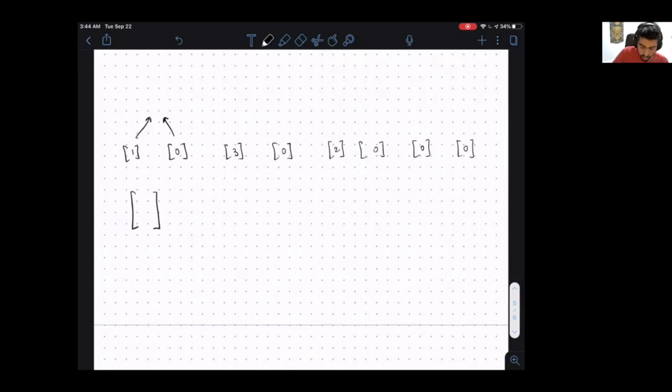In our case, the resulting combined subproblem is going to be a vector of size 2, because each of these two subproblems were vectors of size 1. And we know that this combined subproblem is going to look something like this. It's going to be the left subproblem, the matrix corresponding to vectors of size 2.